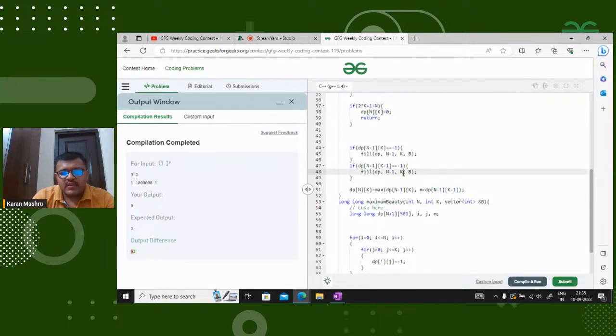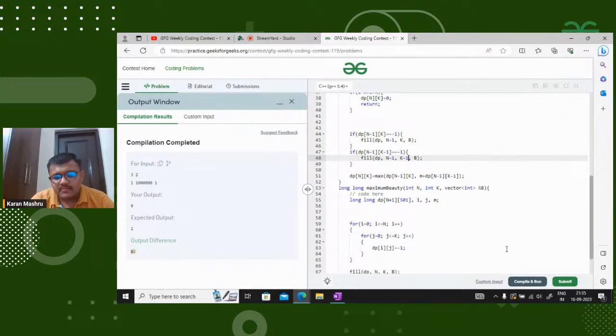Okay, here this should be k minus 1 because we are checking for n minus 1, k minus 1. Now let us check. Okay, so where are we making the mistake?